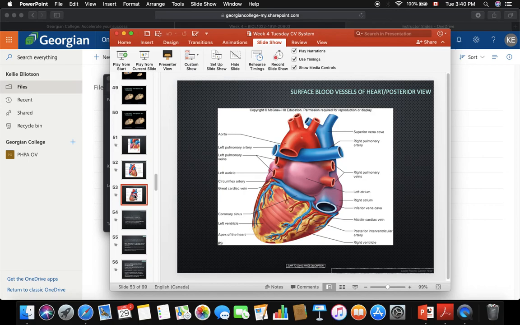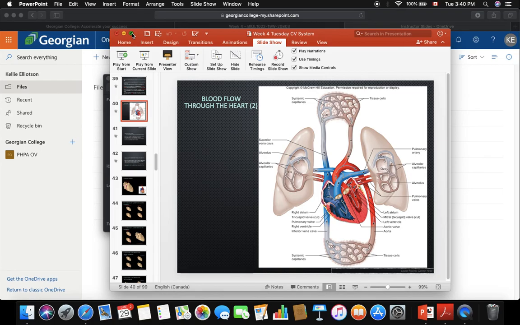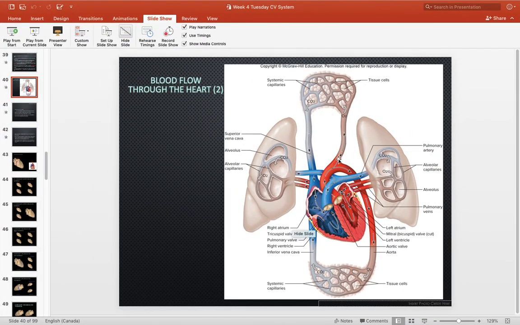So figure 13.1, I'll post a blank diagram for that, and I'd like you to work through the direction of the flow of blood through the heart as your homework.